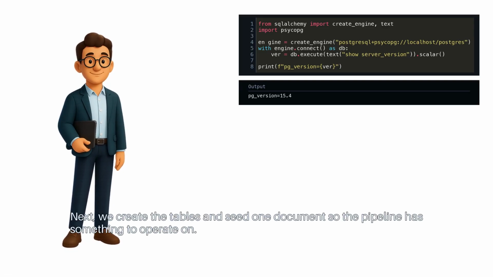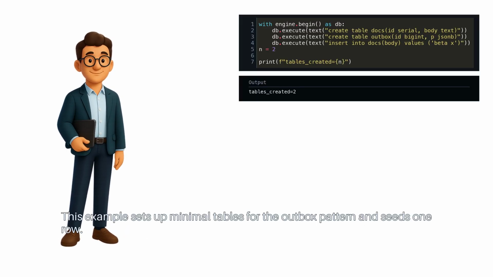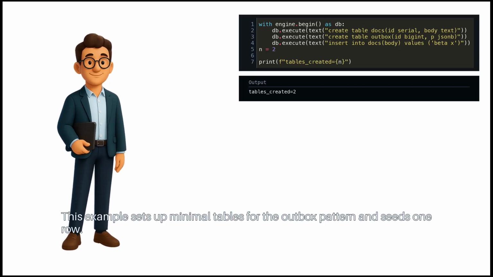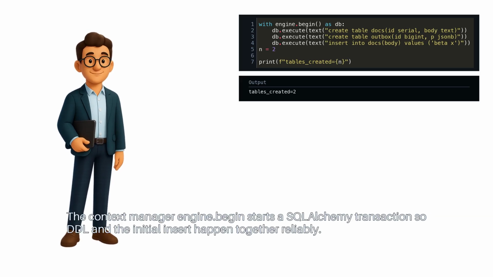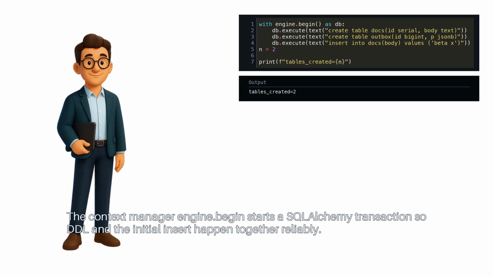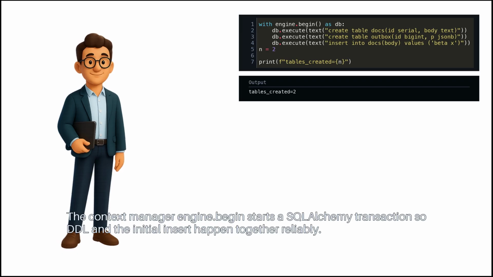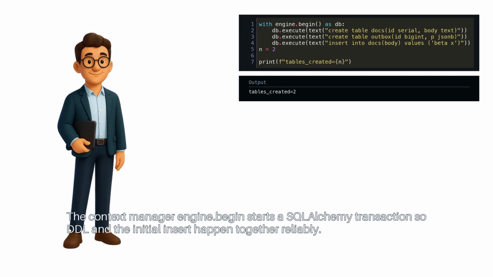Next, we create the tables and seed one document so the pipeline has something to operate on. This example sets up minimal tables for the Outbox pattern and seeds one row. The context manager engine.begin starts a SQLAlchemy transaction, so DDL and the initial insert happen together reliably.